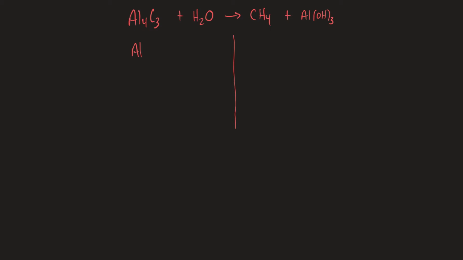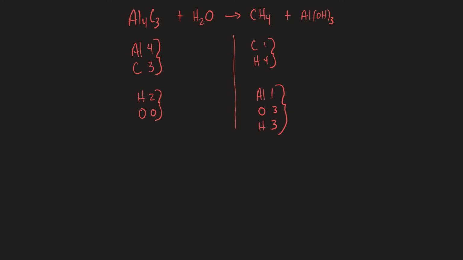I've got aluminum and carbon together, 4 aluminum, 3 carbon, putting the brackets around them. I've got H2O. On the right side, I have CH4, 1 carbon, 4 hydrogen. And I've got Al, O, and H on the right side, 1, 3, and 3.